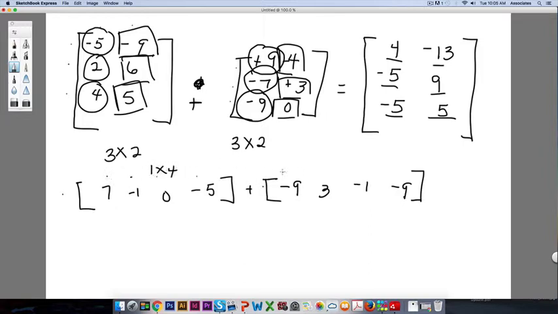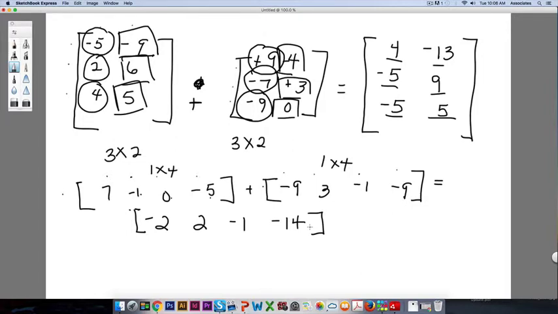This guy has 1 row and 4 columns, so it's also a 1 by 4. So we can add them. So here we go. We just add the entries that are in the same position. 7 plus -9 is -2. -1 plus 3 is 2. 0 plus -1 is -1. -5 plus -9 is -14. And there we go. There's our answer.